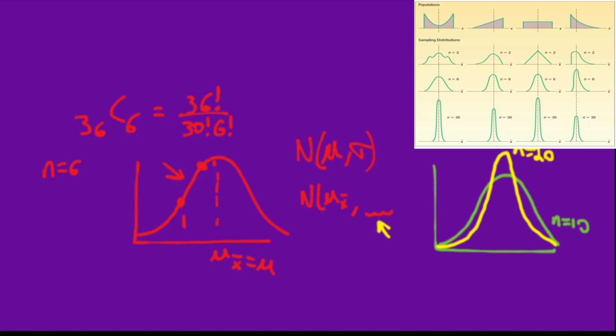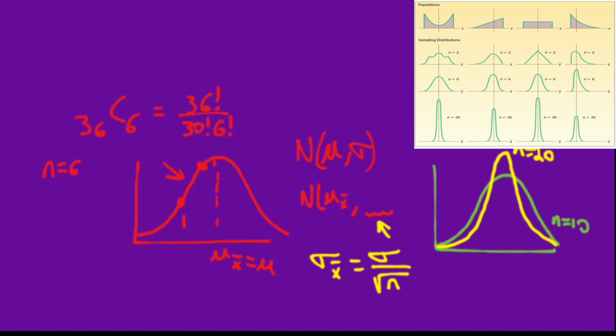It turns out that the standard deviation of the sample mean, which I'm going to call sigma x bar with that subscript x bar, is directly related to the population standard deviation, how spread out the population is, but we divide by the square root of n.